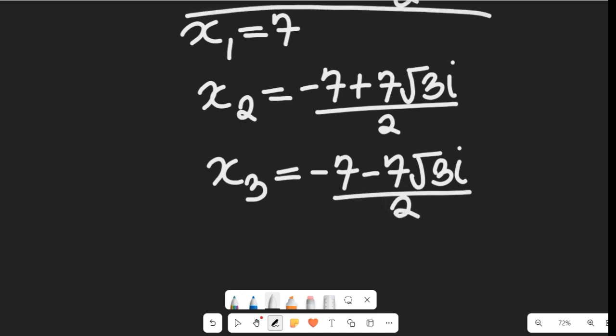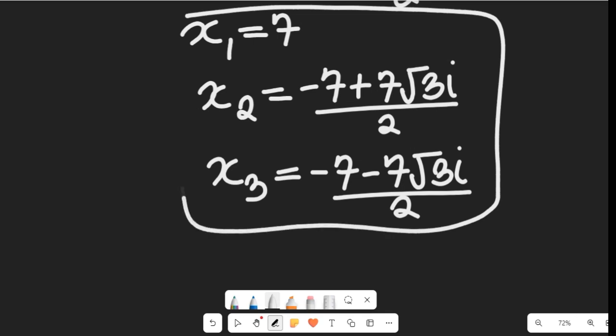And these are the solutions to the mathematical expression given to us up there.